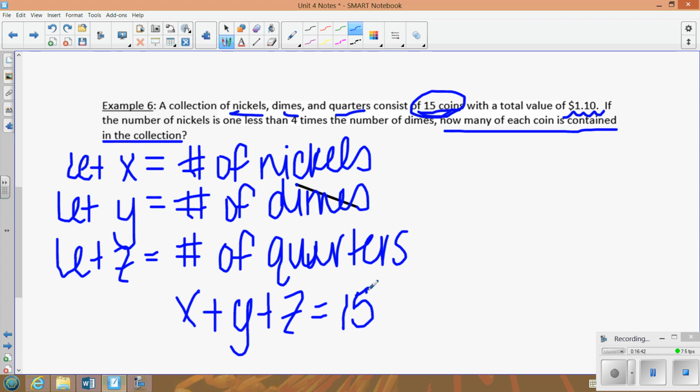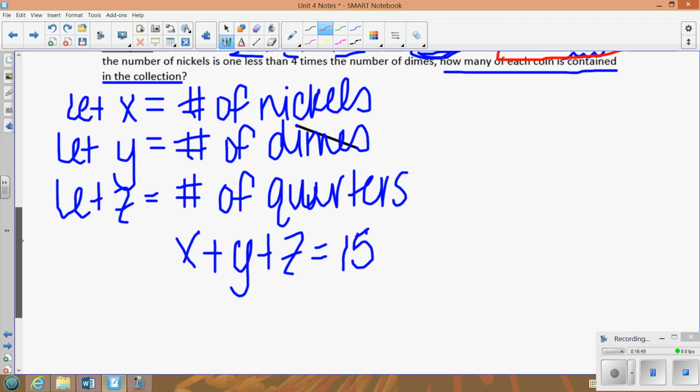The next thing talks about the total value. So this means you're going to consider how much each coin is worth.